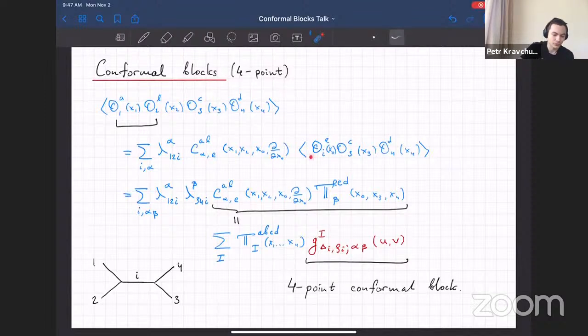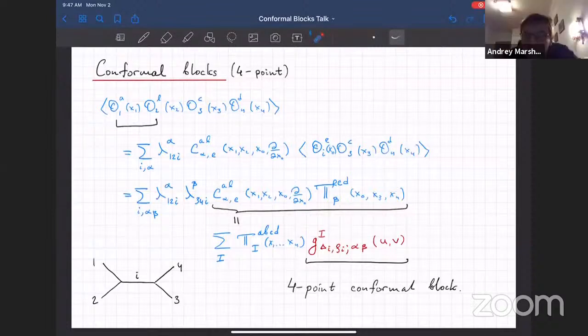It will only go over operators O_I for which rho I is traceless symmetric. And the reason for that is that you cannot write conformally invariant 3-point structures for 2 scalars and a non-traceless-symmetric representation.